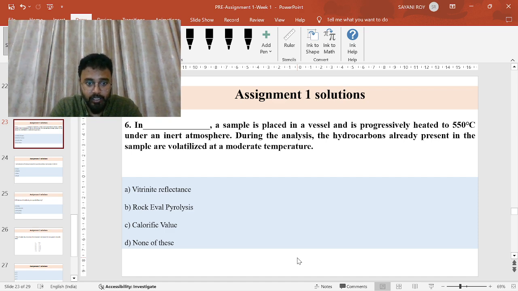In which of these analyses is a sample placed in a vessel and progressively heated to 550 degrees Celsius under an inert atmosphere? The options are option A, vitrinite reflectance, option B, rock eval pyrolysis, option C, calorific value, and option D, none of these.